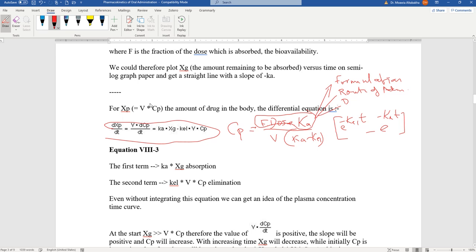It depends on the dose. I can manipulate the dose, I can change it, double it. So F, the dose and KA are related to dose, dosage form and route of administration, while the other constants, V and KL, depend on what? The drug and the patient. Pay attention, any change in these two things, whether the drug or the patient, might cause a change in V and KL, which give the clearance, if you know V and KL.